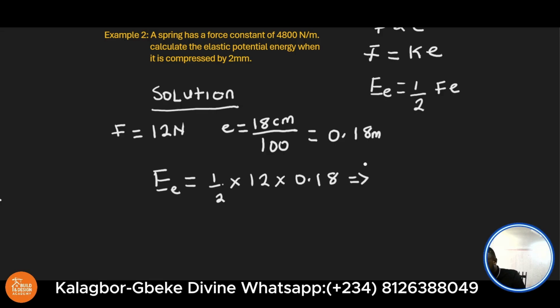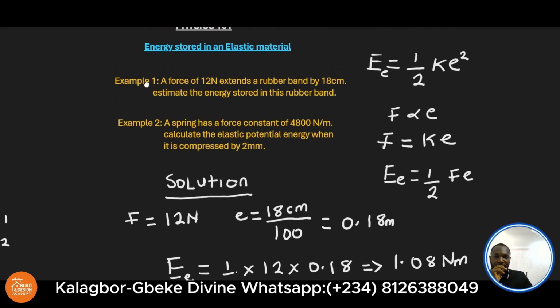We have 0.5 times 12 times 0.18, 1.08. This will be 1.08 Newton meter. So the Newton is gotten from the force and the meter is gotten from the extension. That's why we have the SI unit as Newton meter. So we are done with example number 1.